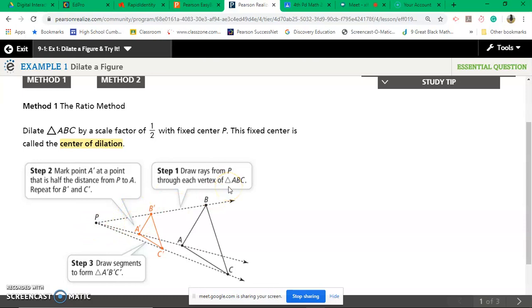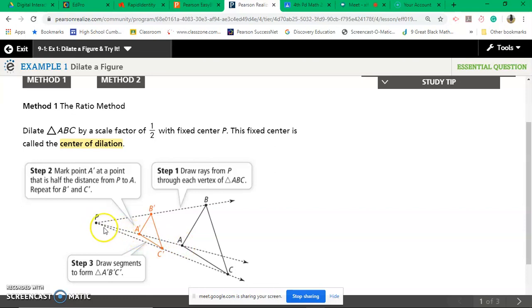So if we were to dilate something and make it smaller, it would lie in between the center and the pre-image. Okay, so what they did was they drew the center and then point A, and then they made a point halfway between P and A. So that point would be A prime.